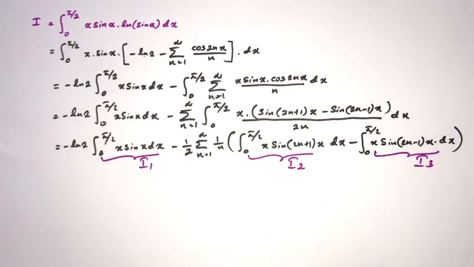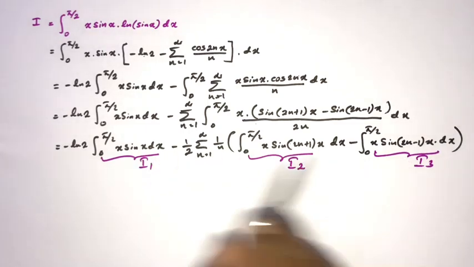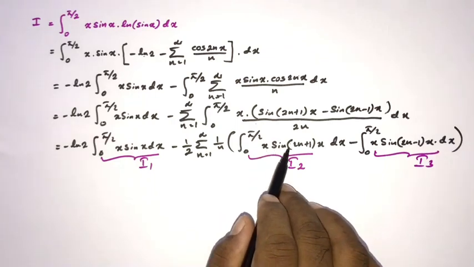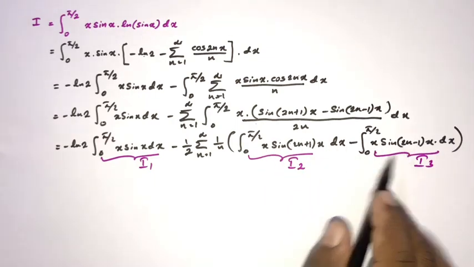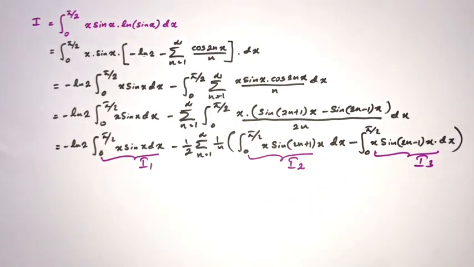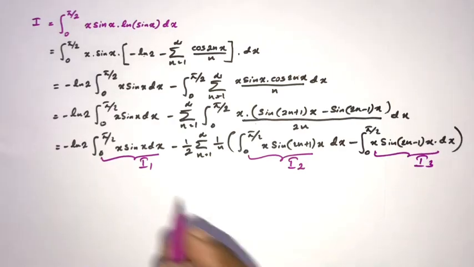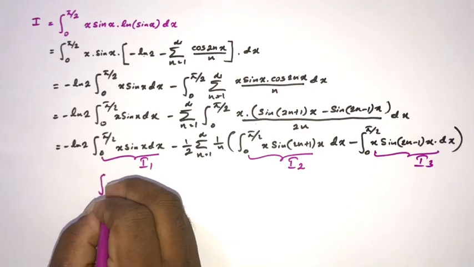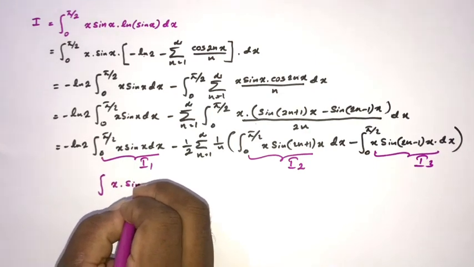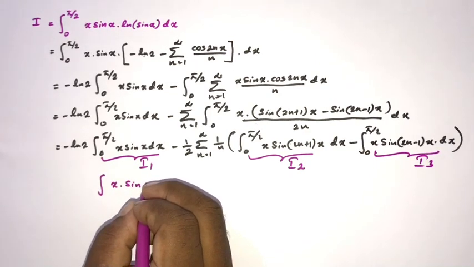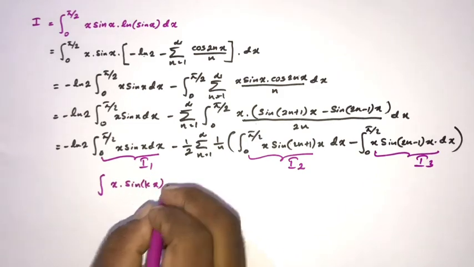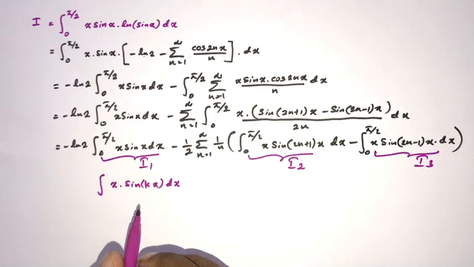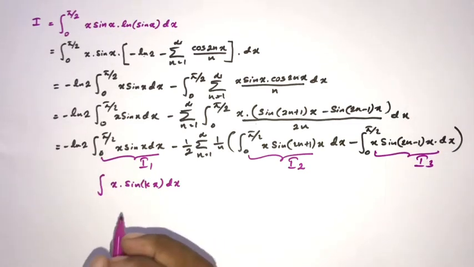But these integrals are all x times a sine function, so I'm going to take the general case: the integral of x times sine of kx dx. Now we can use the DI method to integrate.